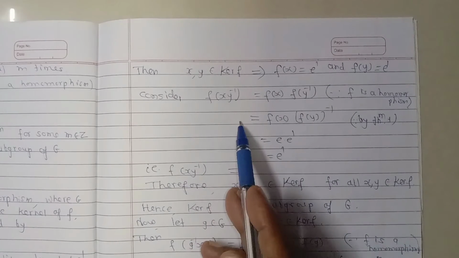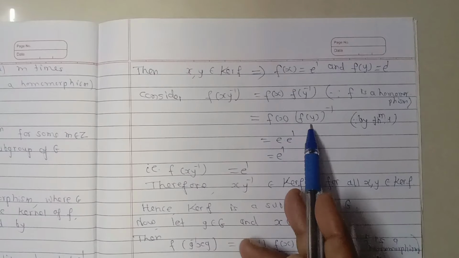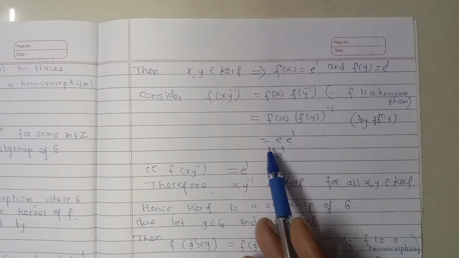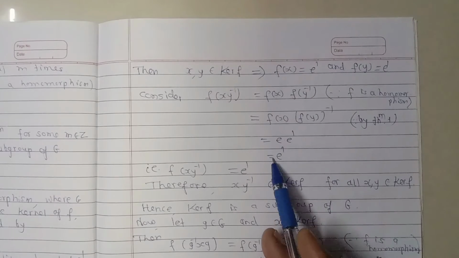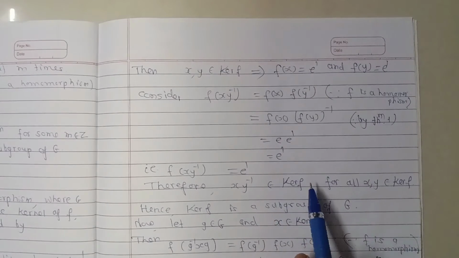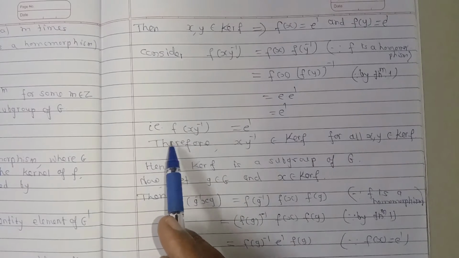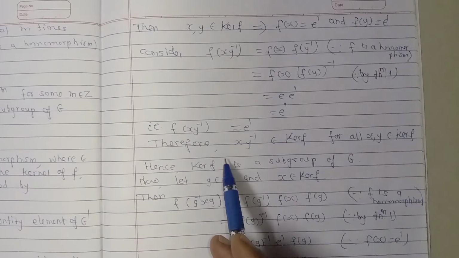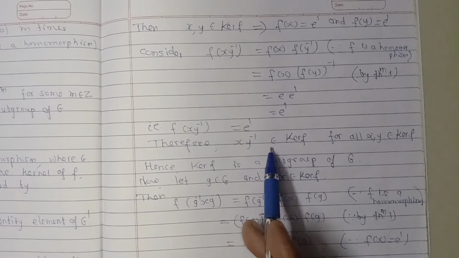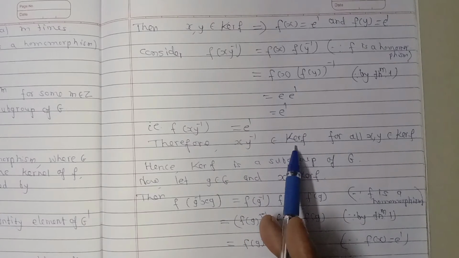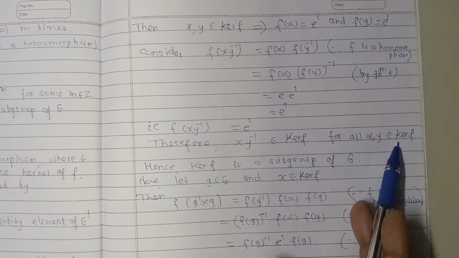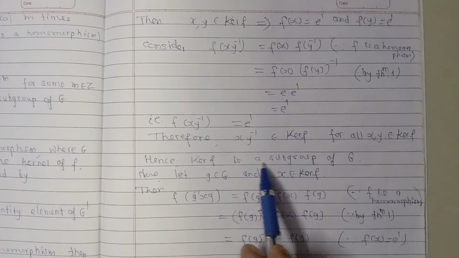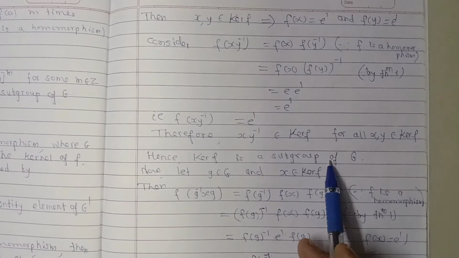Hence, f(xy inverse) equals f(x) into f(y) inverse by theorem number 1, which equals e dash into e dash, equals e dash, since e dash is an identity. Thus f(xy inverse) equals e dash. Therefore xy inverse belongs to the kernel of f for all x, y belonging to the kernel of f. Hence, the kernel of f is a subgroup of G.